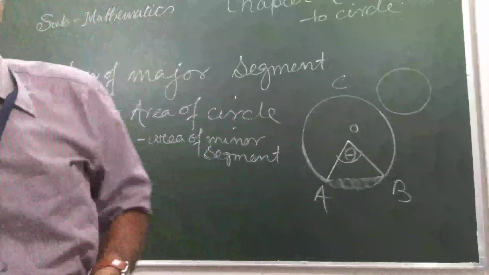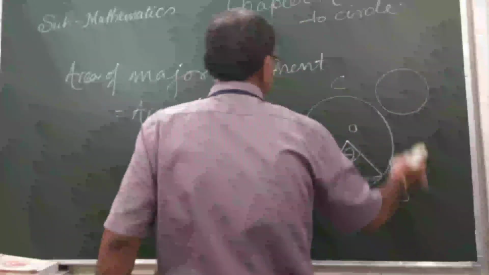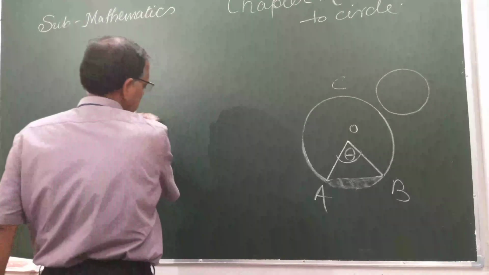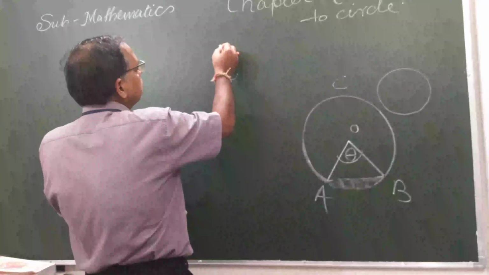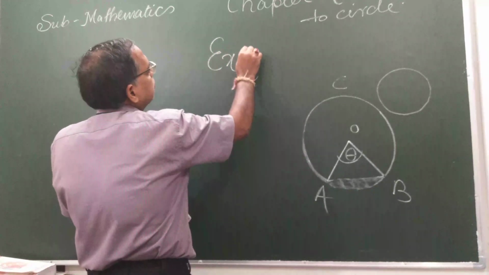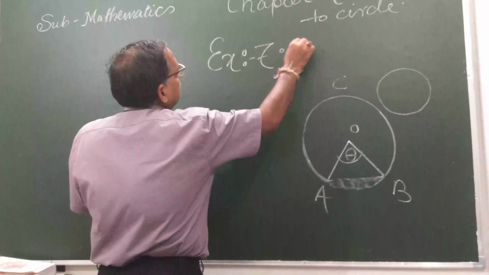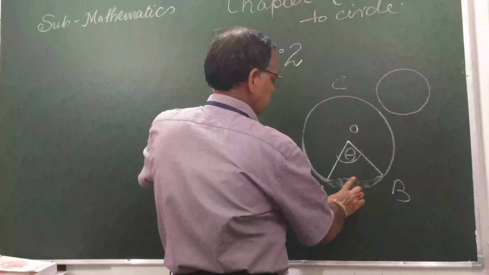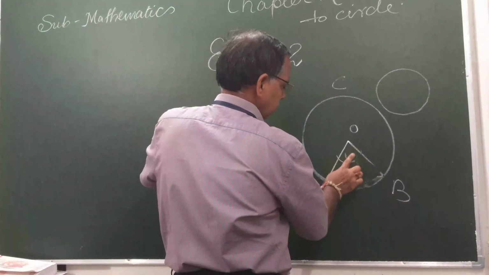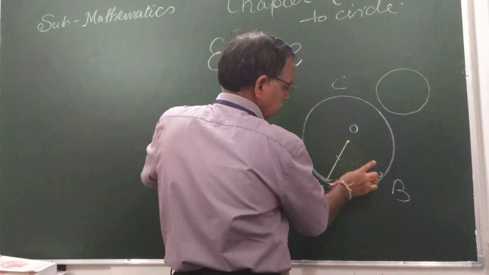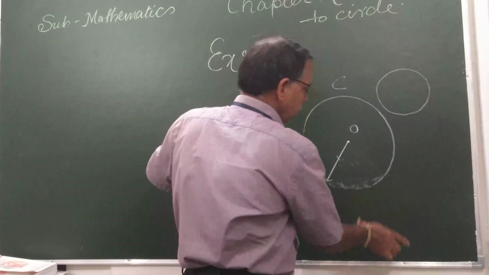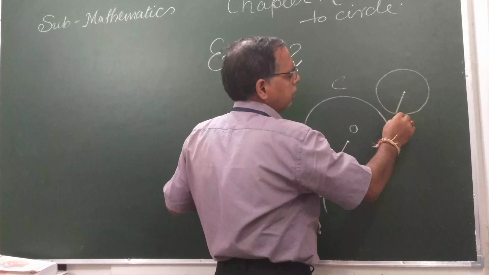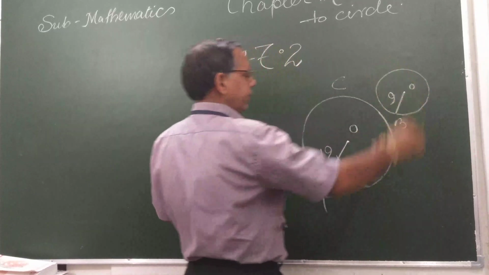So let's see. Start with exercise 12.1. Suppose this is one circle of radius 19. This is another circle of radius 9.